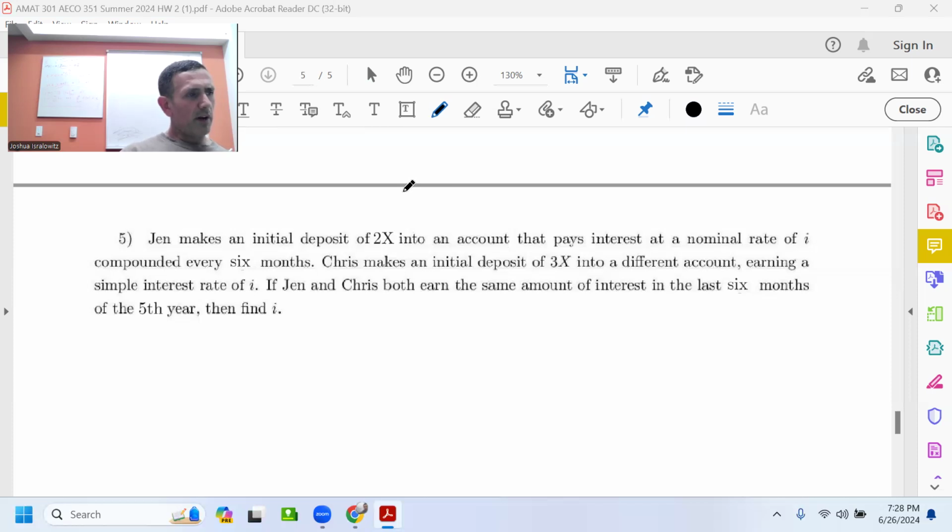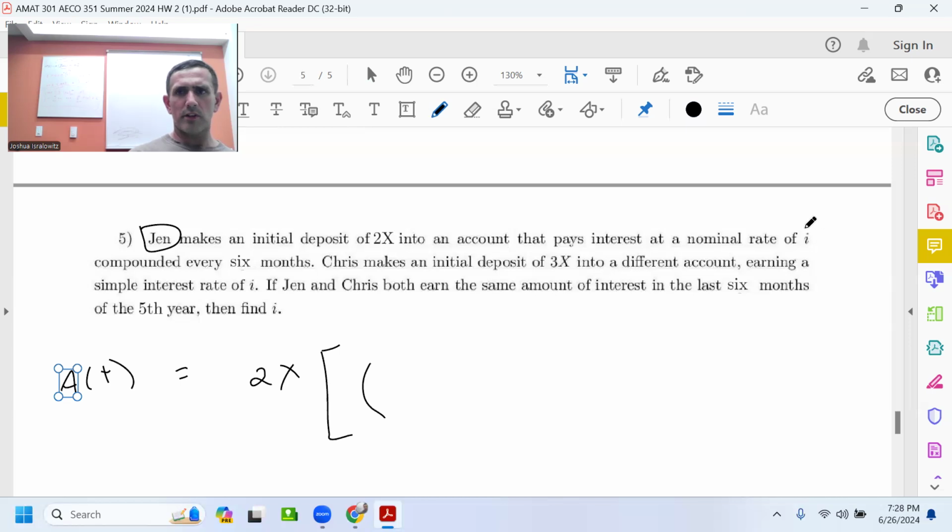All right, so let's say A is for Jen. So A of t, we're doing Jen first. So 2x is the initial deposit. Just like before, every 6 months is twice a year, so this is my I^(2).